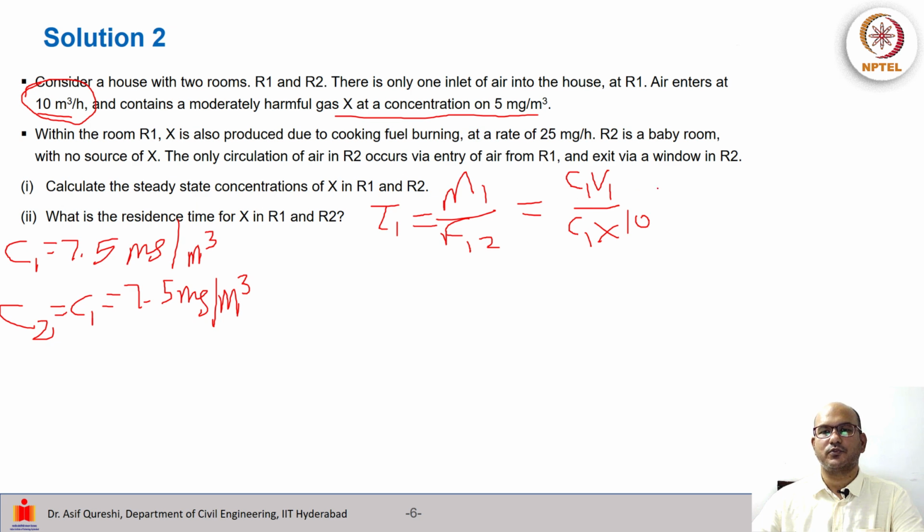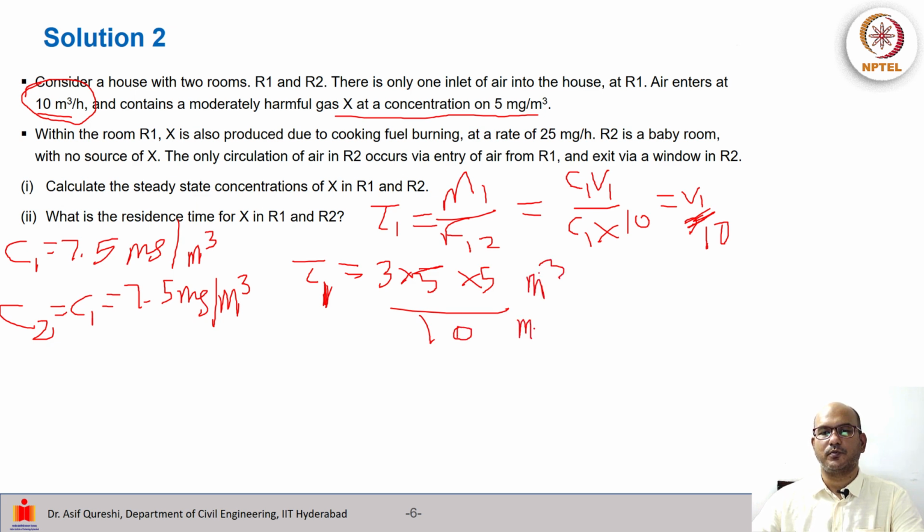So actually tau 1 comes to be V1 by 10. So tau 1 is equal to the volume of the room, 3 into 5 into 5, divided by 10. This is meter cube, and this is meter cube per hour. So tau 1 is 75 by 10, or 7.5 hours.